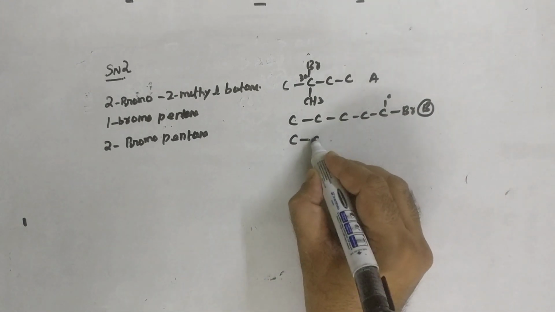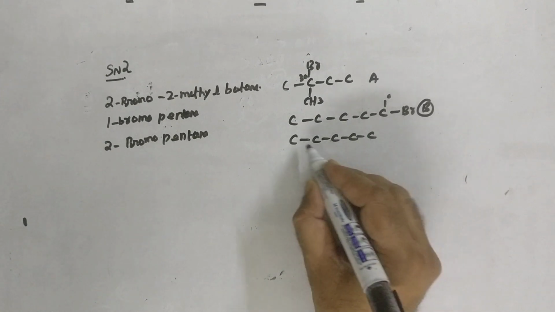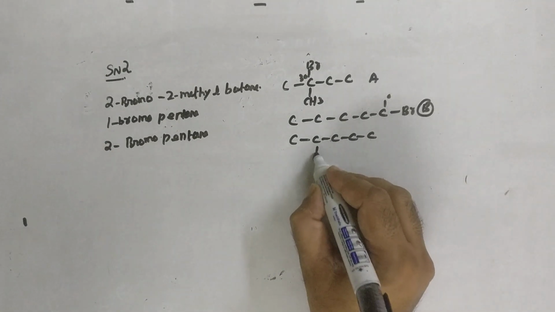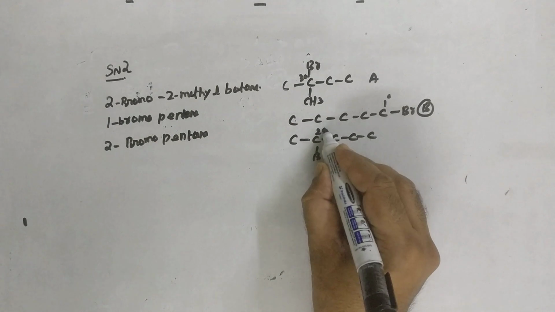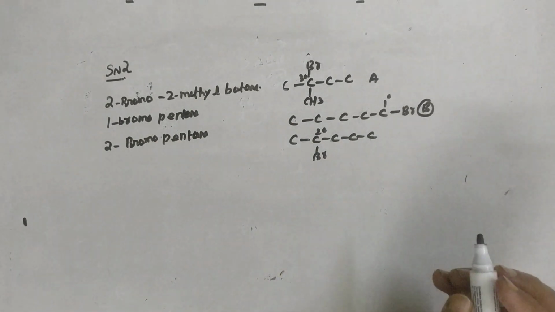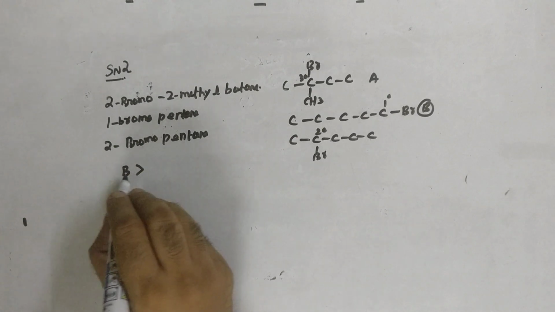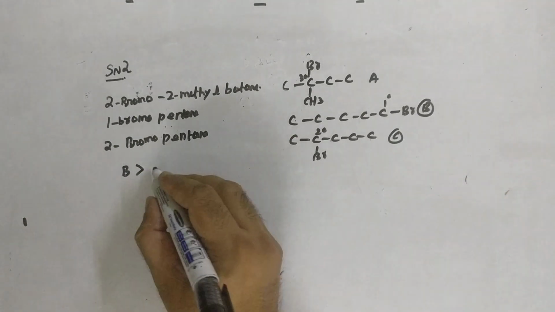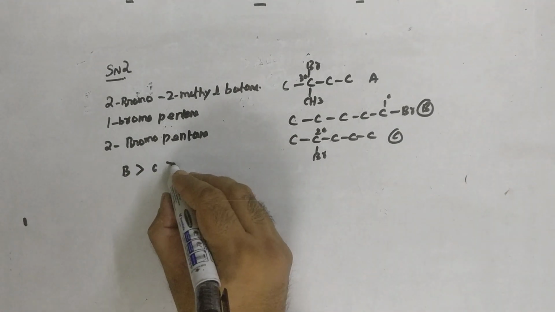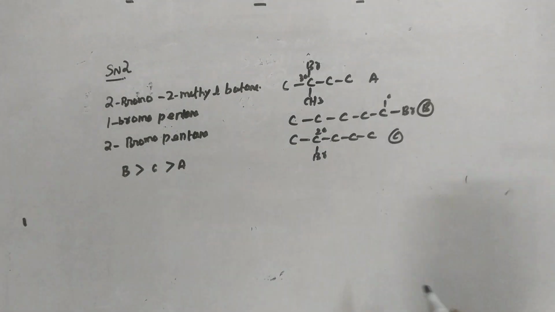Then 2-bromopentane, it's again 5 carbon: 1, 2, 3, 4, 5, the Br. This is your secondary. So in SN2, which one will be more reactive? B, which is primary, will be more reactive, followed by C, which is secondary, and the least reactive will be A, which is nothing but tertiary. Very simple. In SN2, what is the order of reactivity? It is nothing but 1 degree, then 2 degree, then 3 degree.